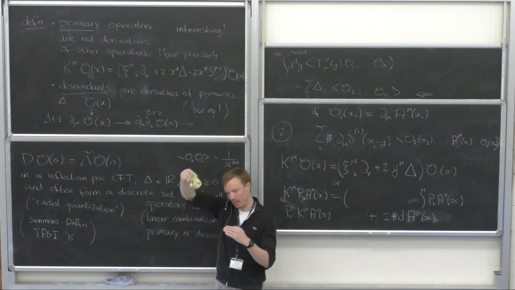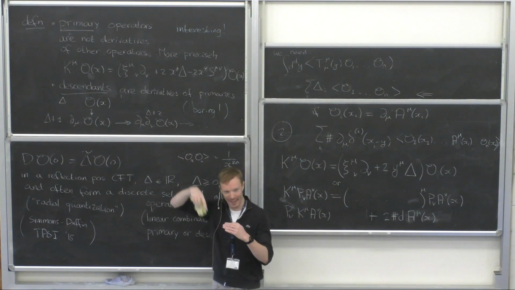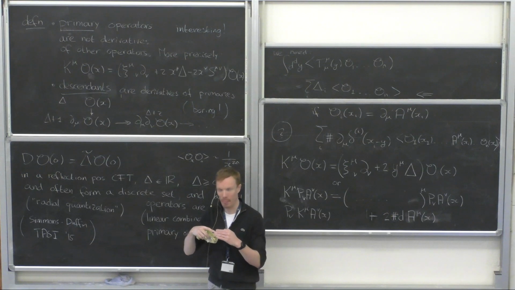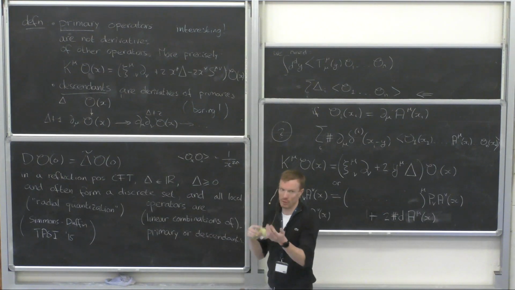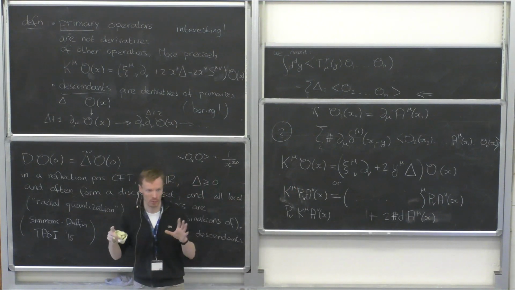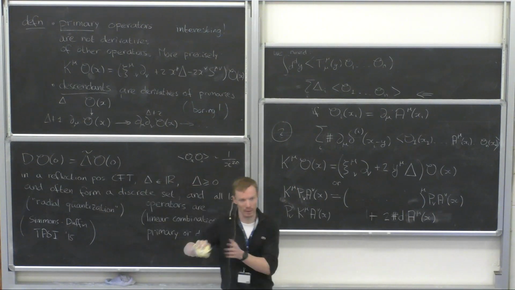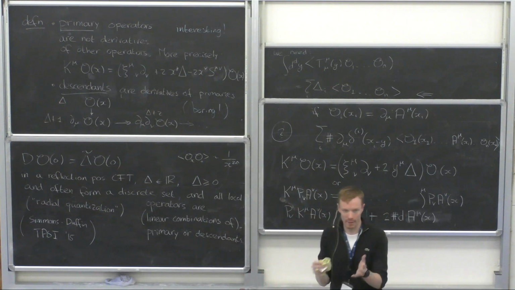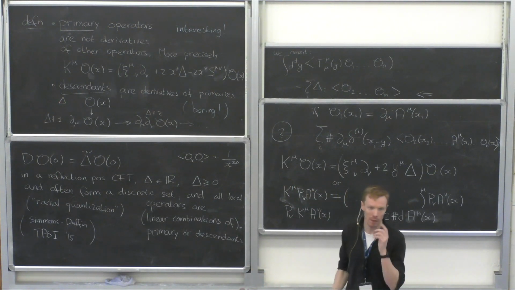Like there are only finitely many primaries that I have descendants of at this dimension. So you just do something like Gram-Schmidt. You have a reflection positive CFT, you have a good inner product, so you just subtract away all descendants, and then what's left must be either 0 or a primary.